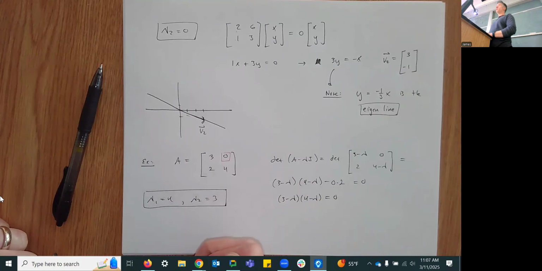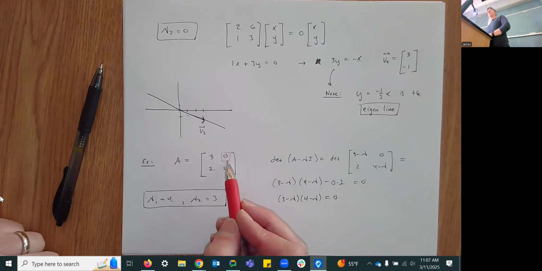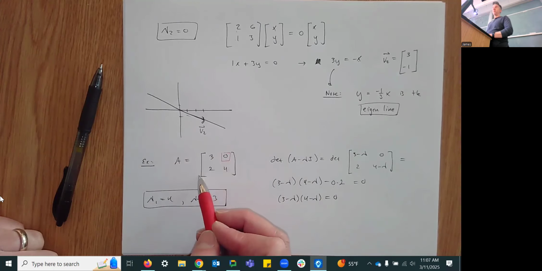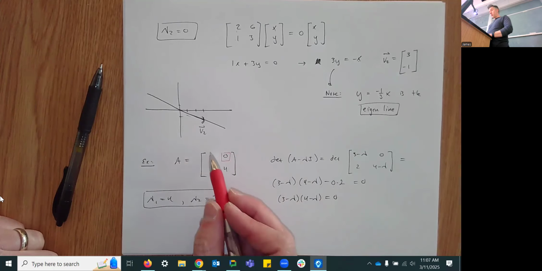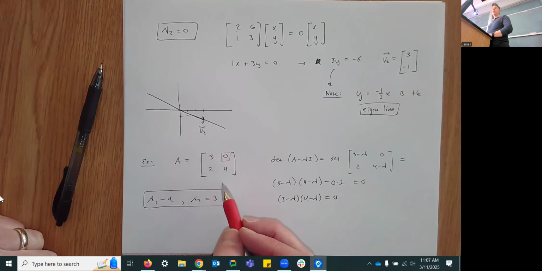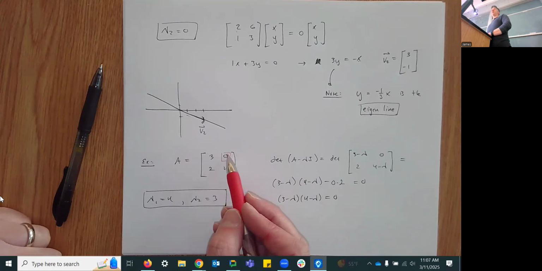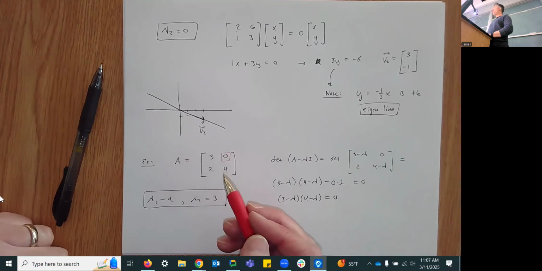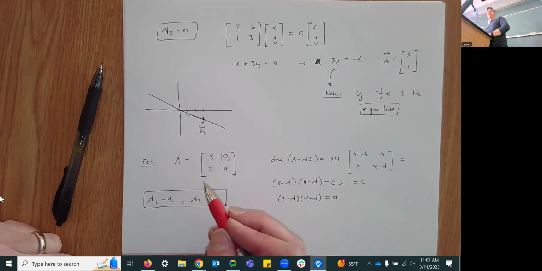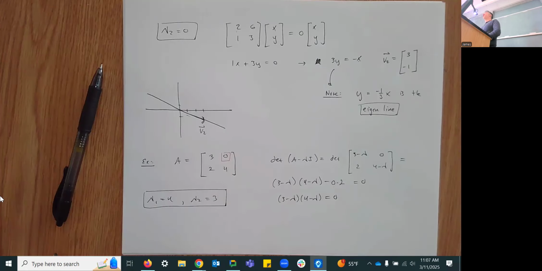And that is true if you have a 0 in the upper right-hand corner or a 0 in the lower left-hand corner. If your matrix is what's called lower triangular, where everything above the main diagonal is 0, or if your matrix is upper triangular, everything below the main diagonal is 0, then your eigenvalues will always be the diagonal entries of the matrix.